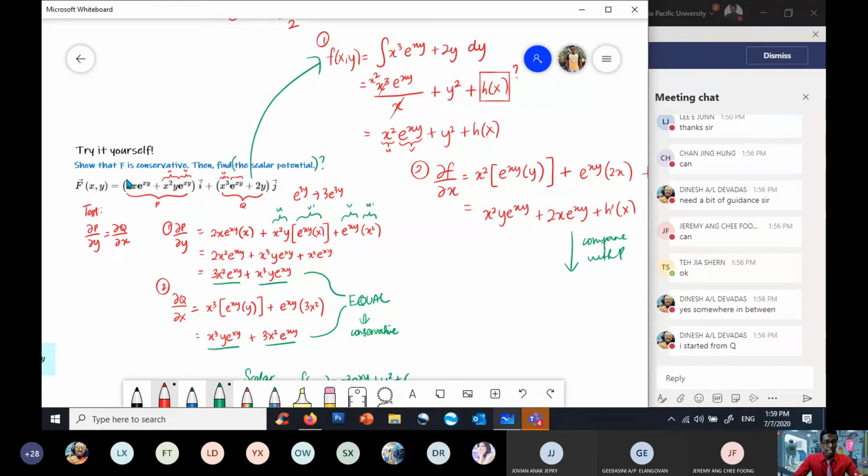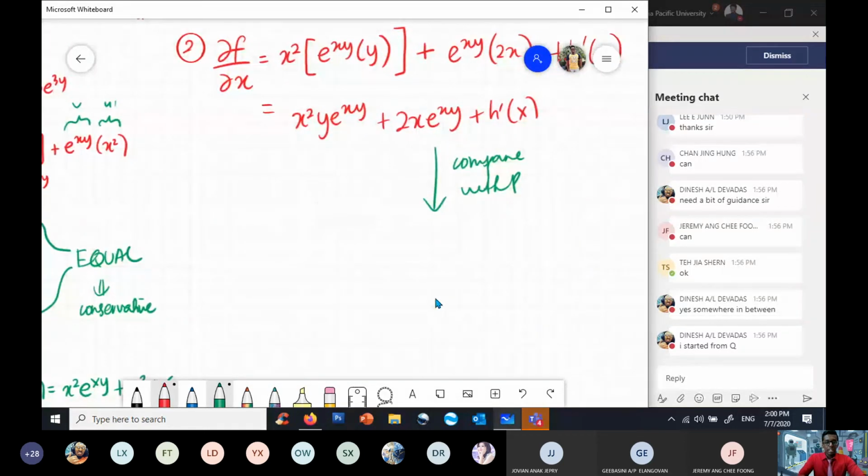These two terms are already here, so h prime x is nothing, as in 0. So when I compare, I found out that my h prime x is 0. If h prime x is 0, then h(x), you integrate 0, you just get a constant. That's it. Just a constant.